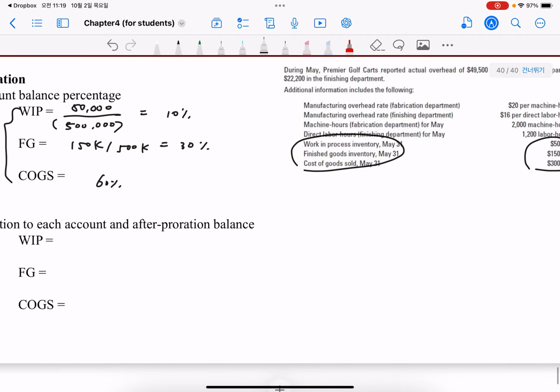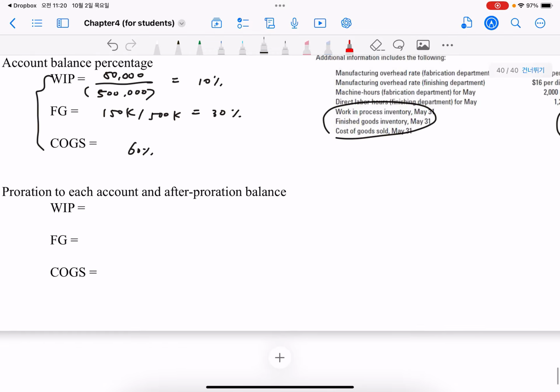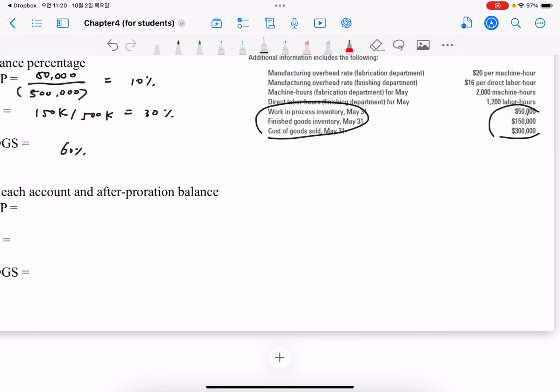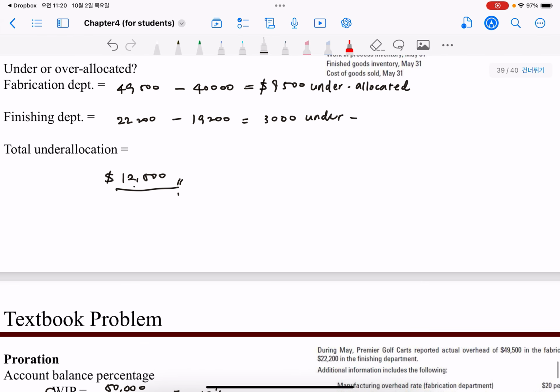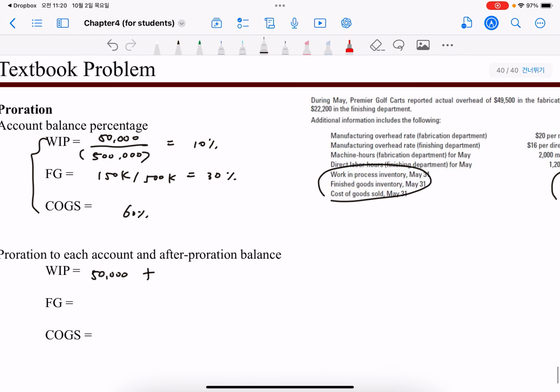Okay. Then how much is the prorated amount and the after-proration balance? So for the work in process, the pre-proration balance was 50,000. And because it's under allocation, we want to add, right? If you remember from the last slide, the under allocation amount was 12,500. So 50,000 plus 12,500 times 10%, or 0.1, will give us 51,250.